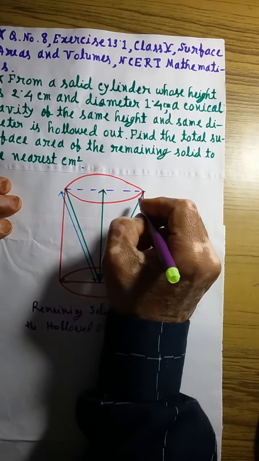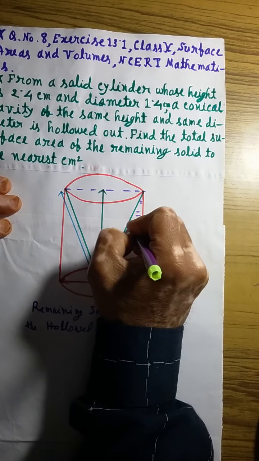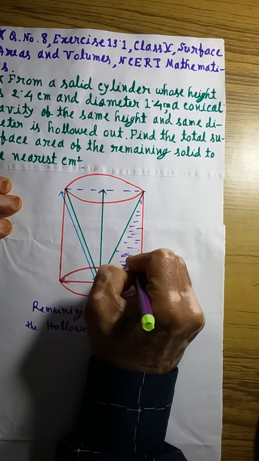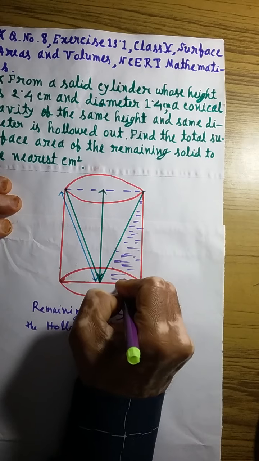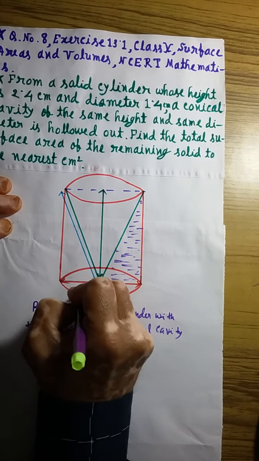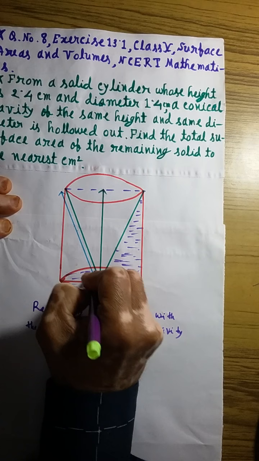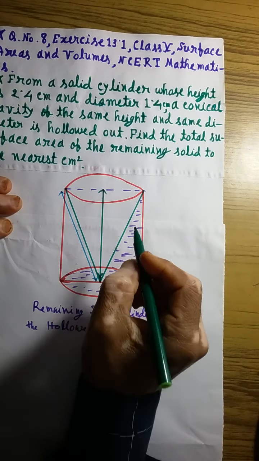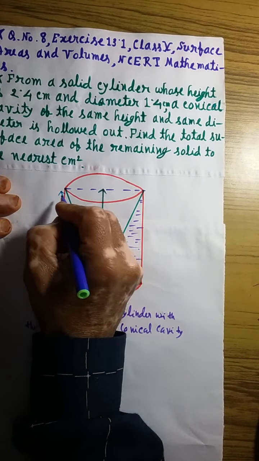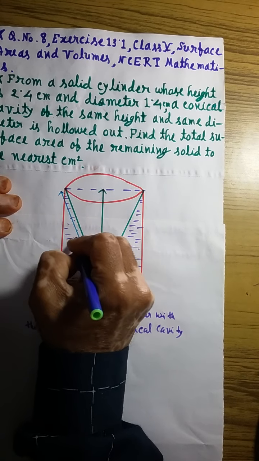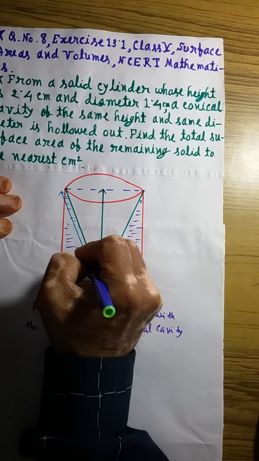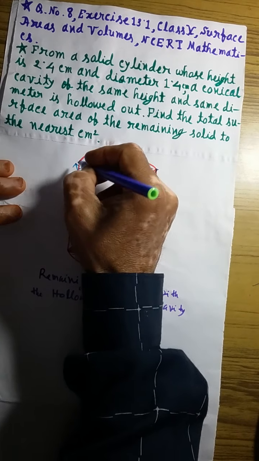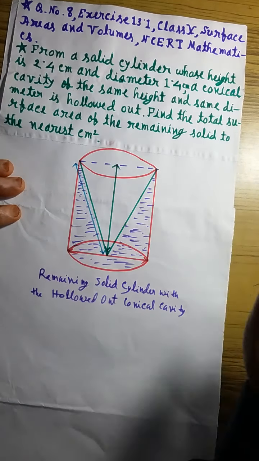Right here, just show the solid conical cavity. This part is hollow. This is a conical cavity.